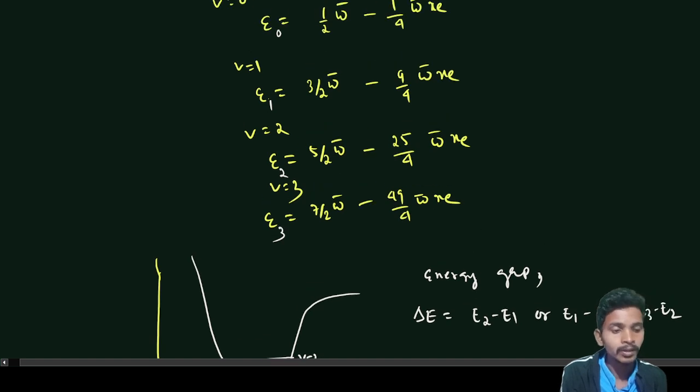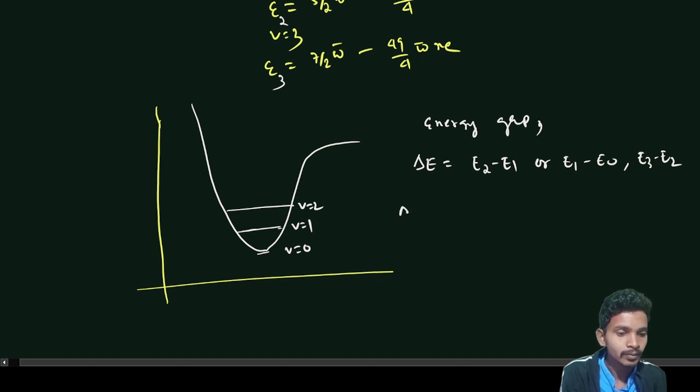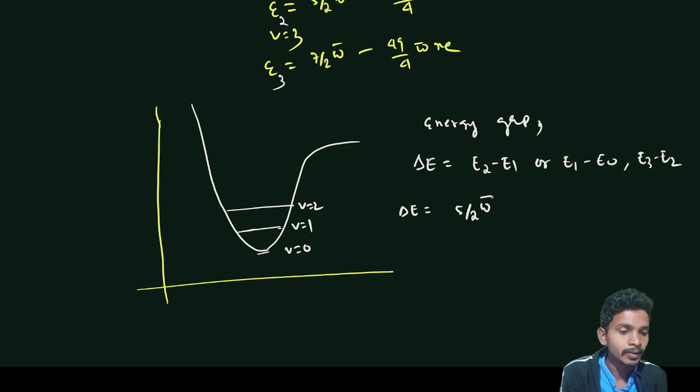So let me do E2 minus E1. So E2 is 5 by 2 omega minus 25 by 4 omega xe. So this value minus, for E1, it will be 3 by 2 omega minus 9 upon 4 omega xe.